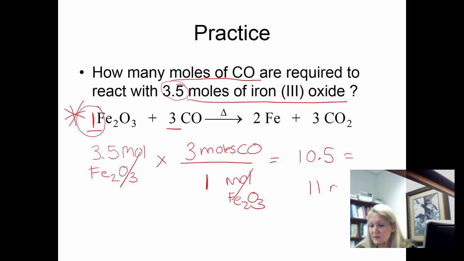We would say 11 moles of CO. My unit here matches my unit here. This is showing you how to use mole to mole ratios from your balanced equation in order to relate moles of one compound with moles of a totally different compound. I hope this helps.